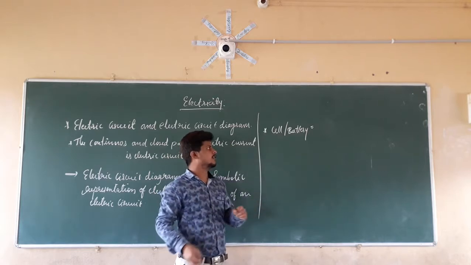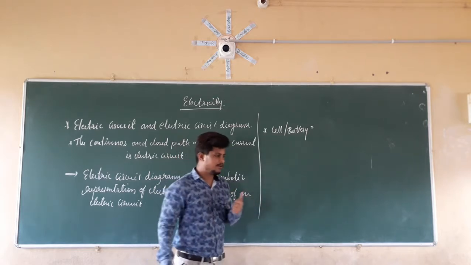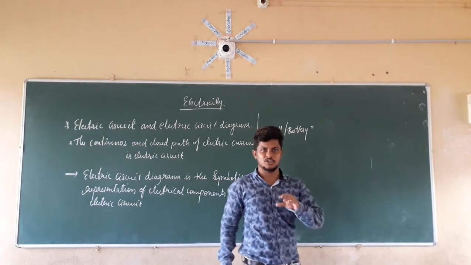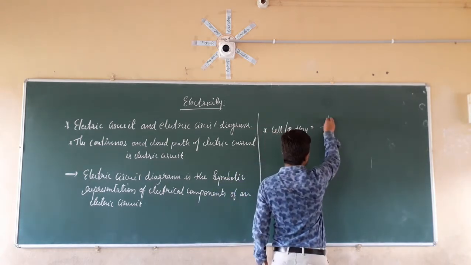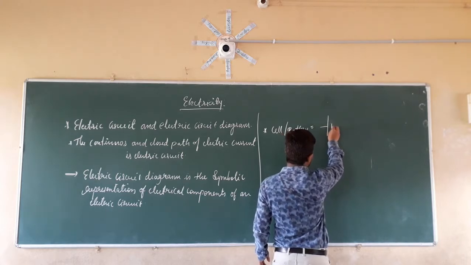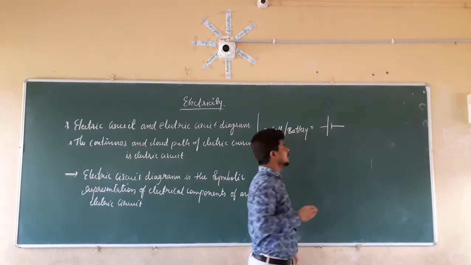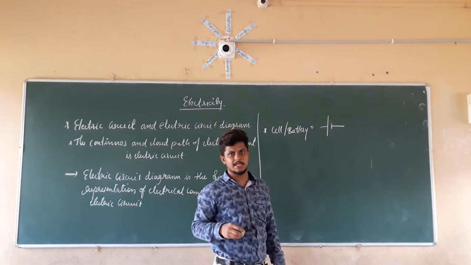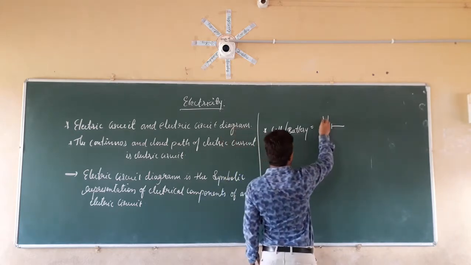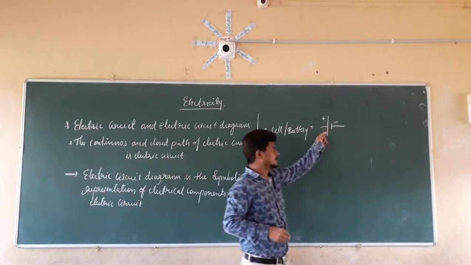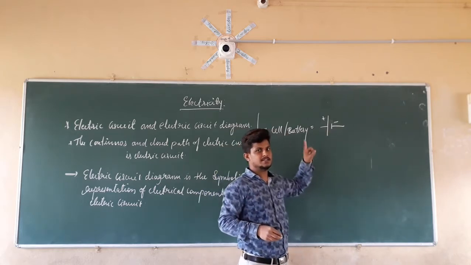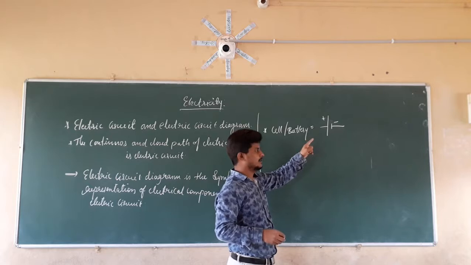How is a cell represented? We already know that a cell contains a positive terminal and a negative terminal. The positive terminal is shown like this, and the negative terminal like this. The longer line is plus and the smaller line is minus. This is the symbolical representation of the cell.